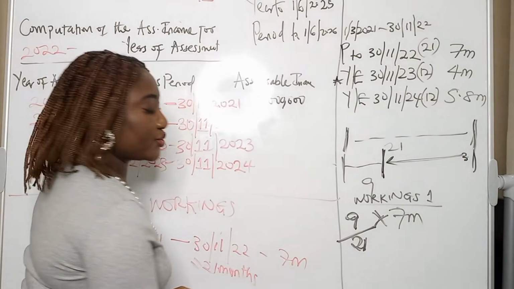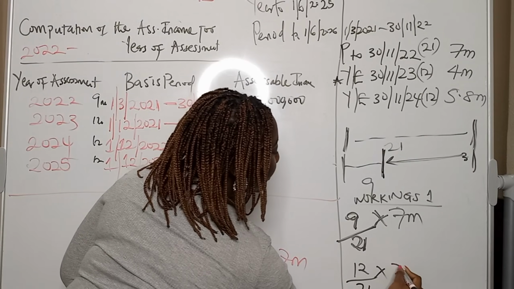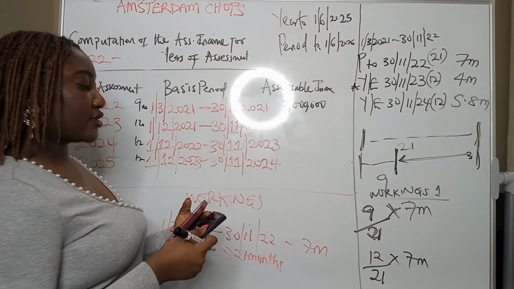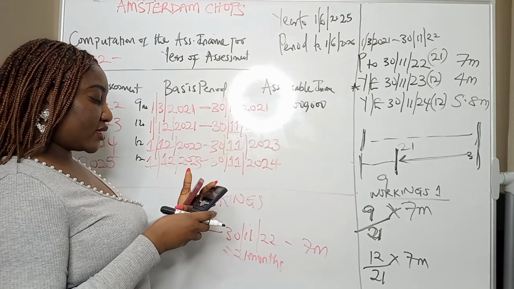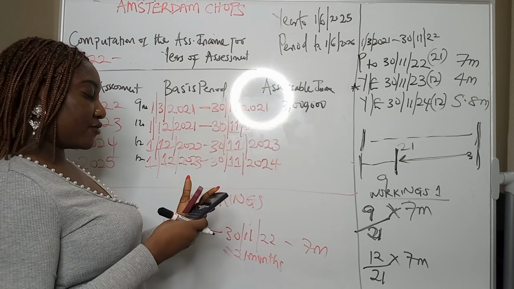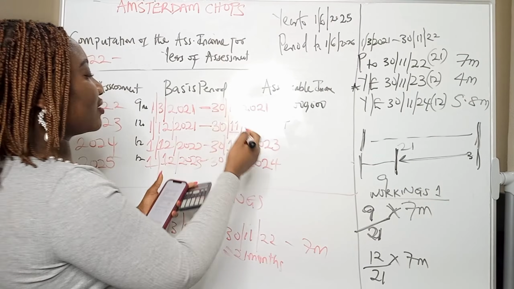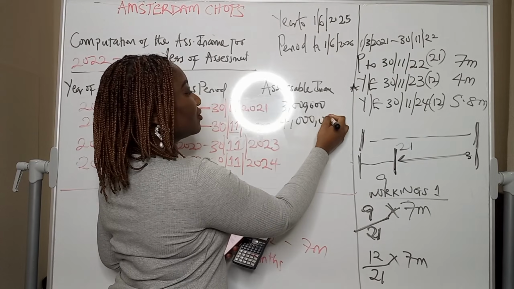So this one is going to be 12 divided by 21 multiplied by 7 million. So 12 divided by 21 times 7 million, and that will give us 4 million. It makes sense. It was just a spread of the 7 million.